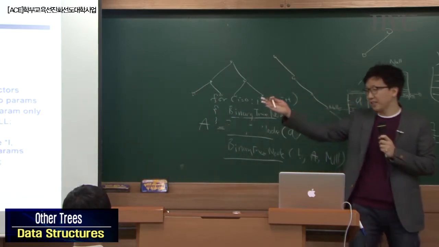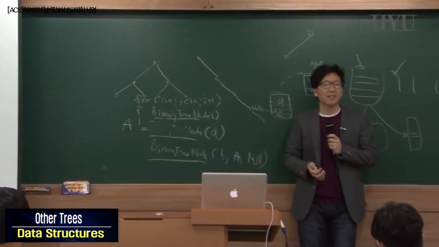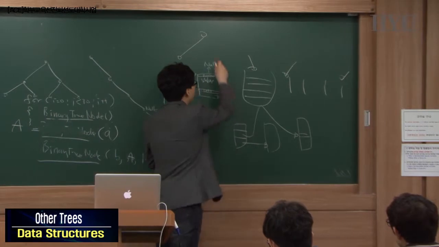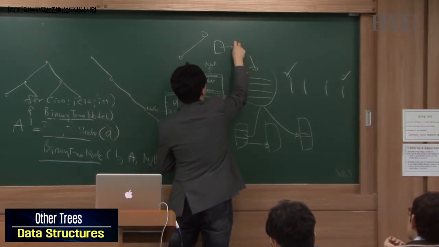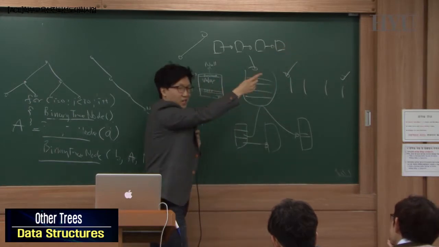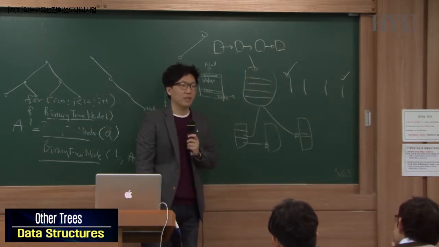So I can give you this, and then I can ask you to create a binary tree node having it like this. Or right child. Or right child.